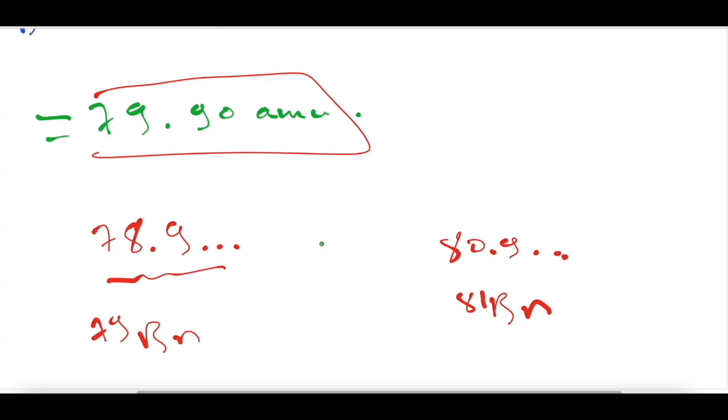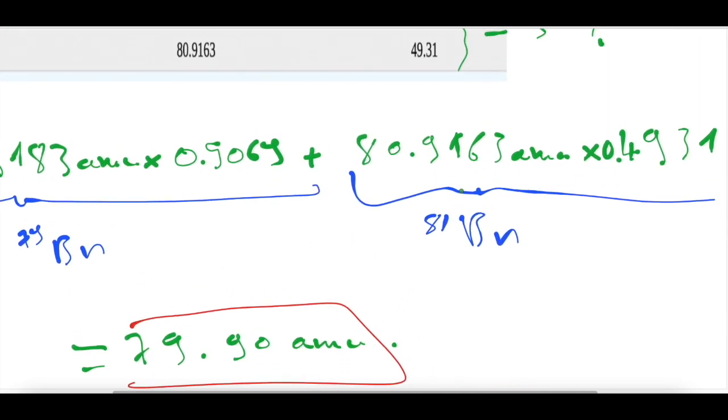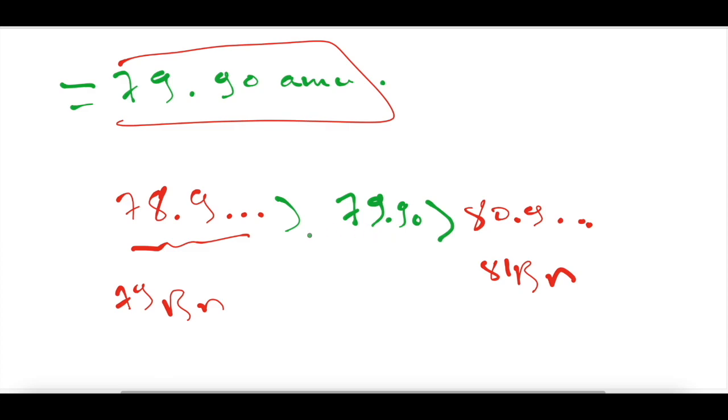So it was expected to have an average mass of 79.9, which is halfway between both, because both isotopes have a percent abundance of almost 50%. So the average mass is between these two values.